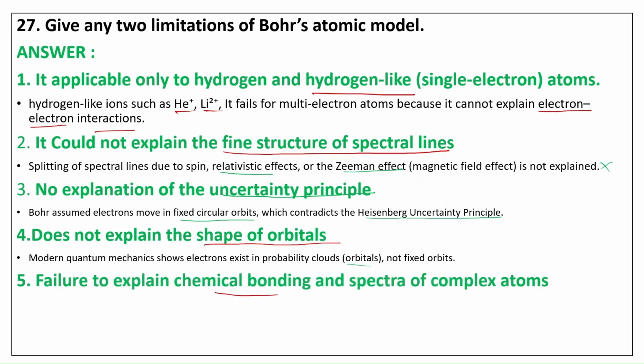Failure to explain chemical bonding and spectra of complex atoms. Bohr's model cannot account for the spectral intensities or chemical behavior of atoms. If they ask only limitations, just write any two from these 5. And if they ask limitations with reason, then write these explanations also.